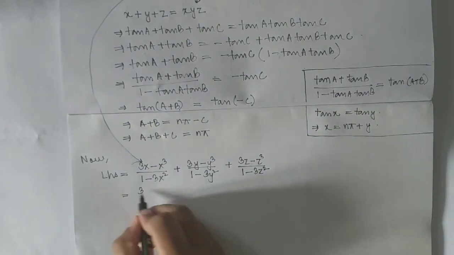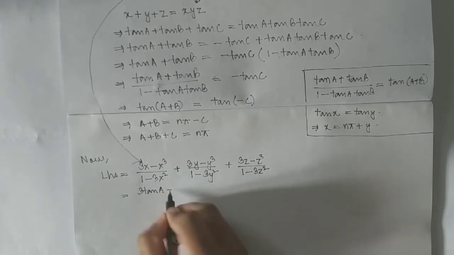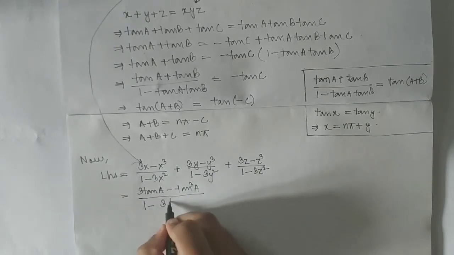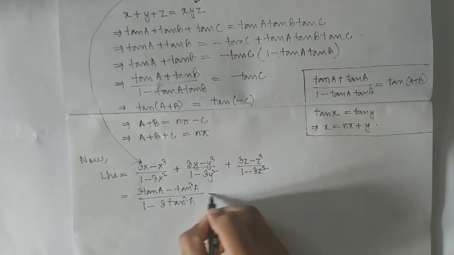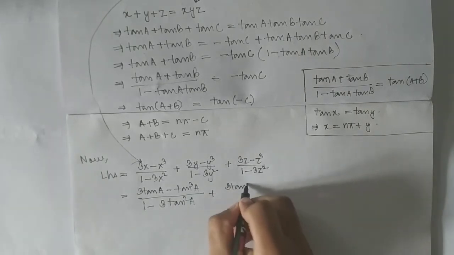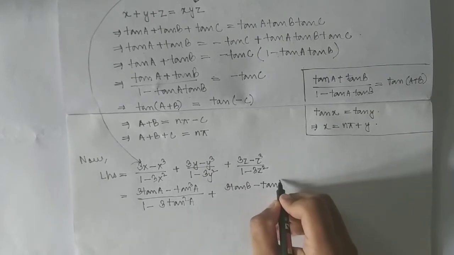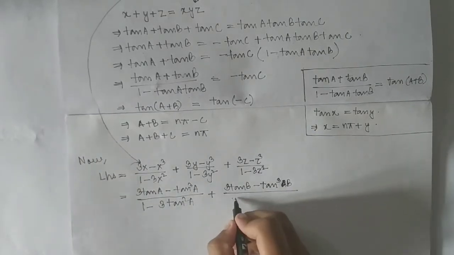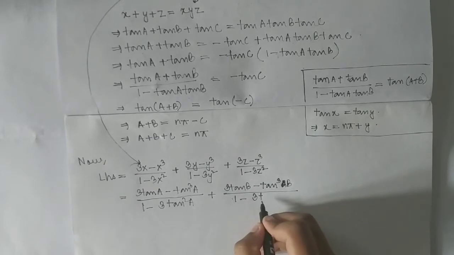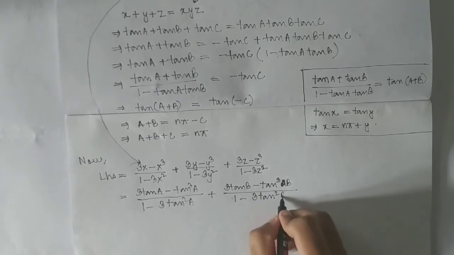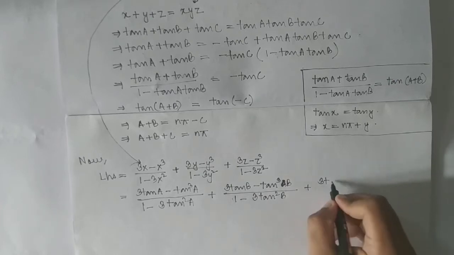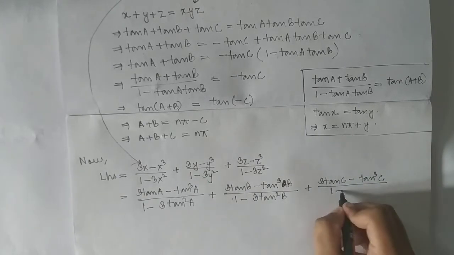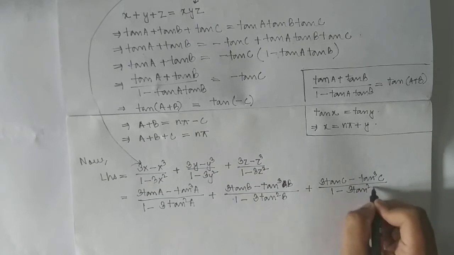So this LHS will now become (3 tan A minus tan cube A) divided by (1 minus 3 tan square A) plus (3 tan B minus tan cube B) divided by (1 minus 3 tan square B) plus (3 tan C minus tan cube C) divided by (1 minus 3 tan square C).